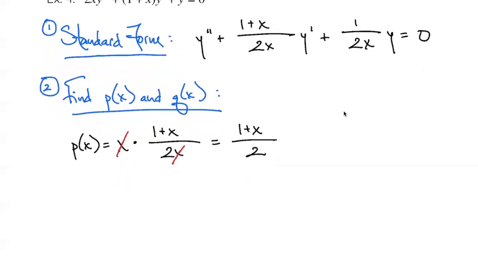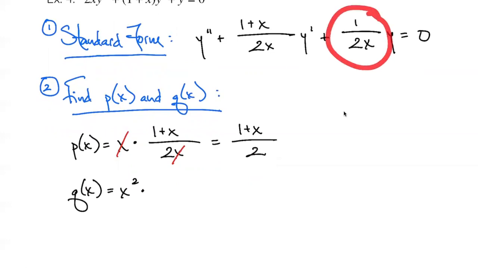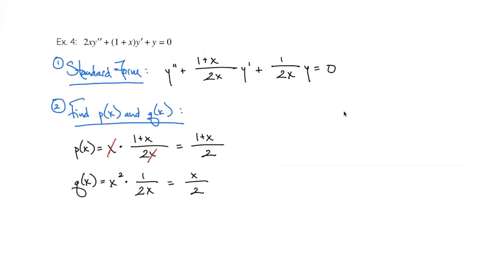If I go ahead and find my little q of x, I'm going to have x squared times this clump over here, 1 over 2x, and this gives me x over 2. So, a little bit formulaic here. We found our little p of x and our little q of x.